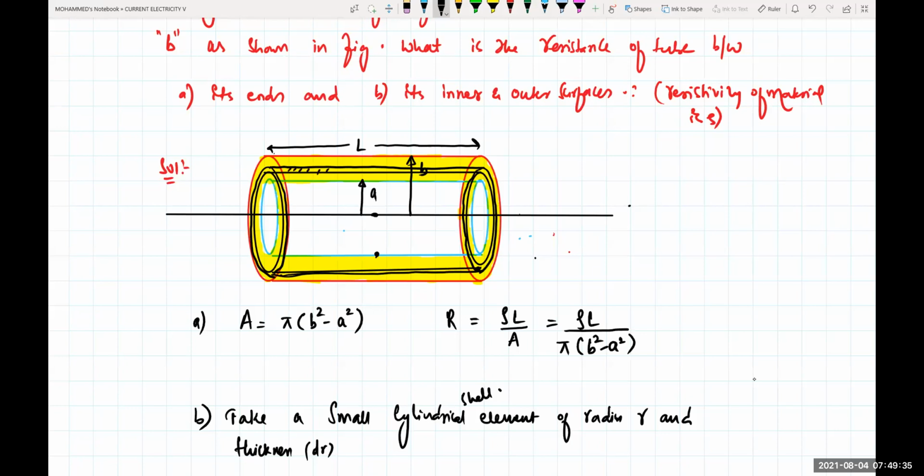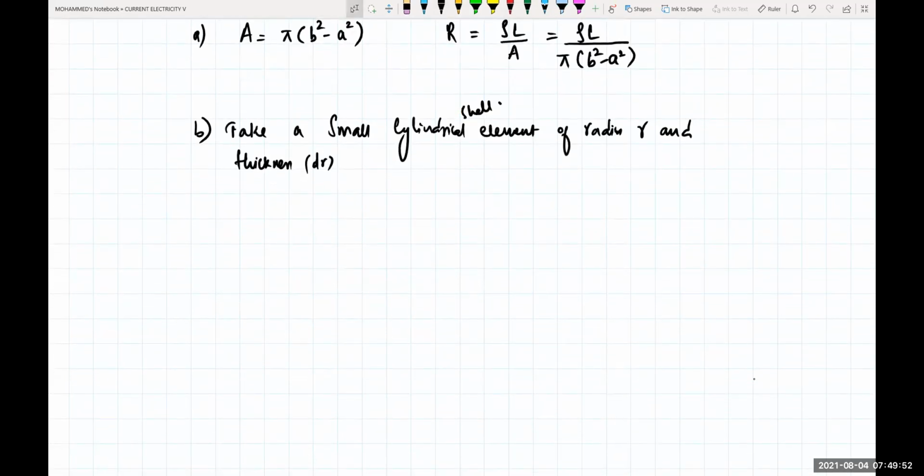The distance of this one is, say, some R from here to here, and the width of this one is nothing but dr. Inner radius A, outer radius B. So what will be the area at that time? Area of the cylinder is 2 pi R into L. So dR is equal to rho into dr divided by area. Area is 2 pi R into L.